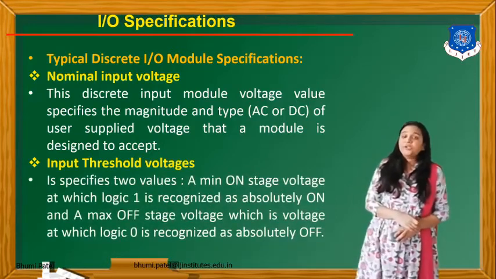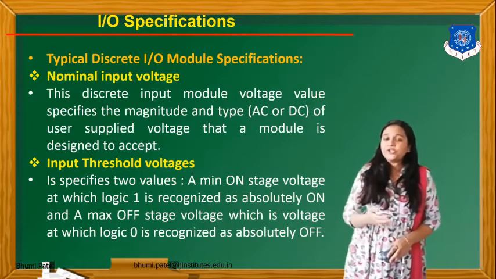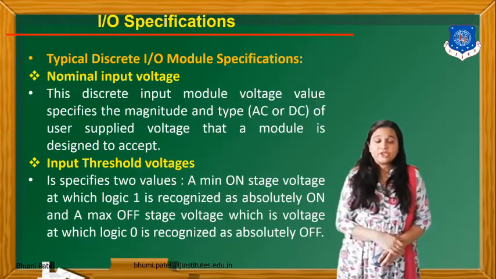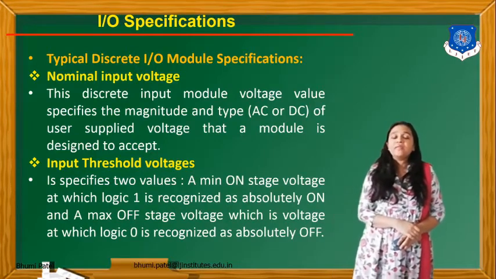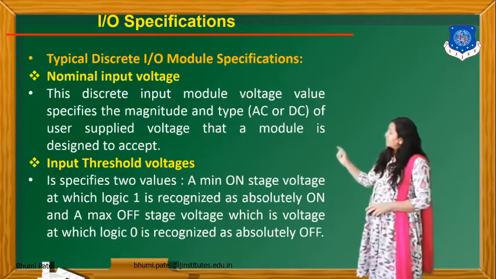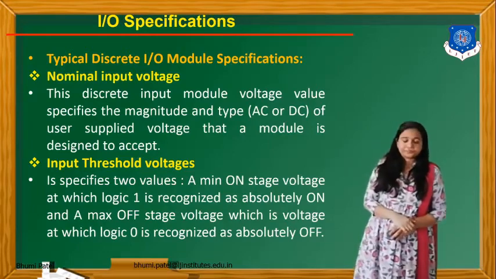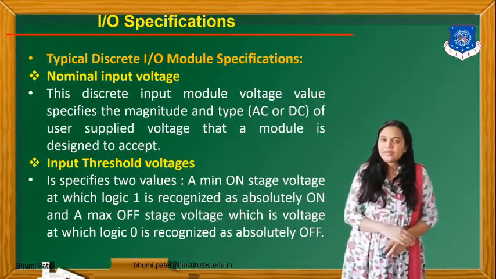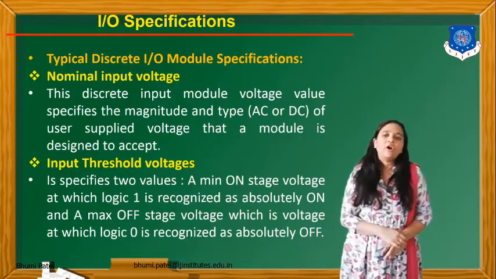Now the input threshold voltage. Now as you know what the threshold voltage is. Whenever we deal with the threshold voltage, it specifies two values, a minimum on state value and a maximum off state voltage.